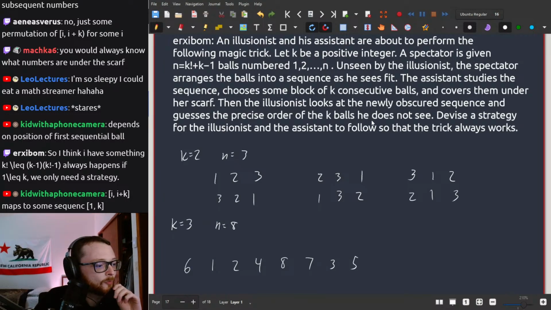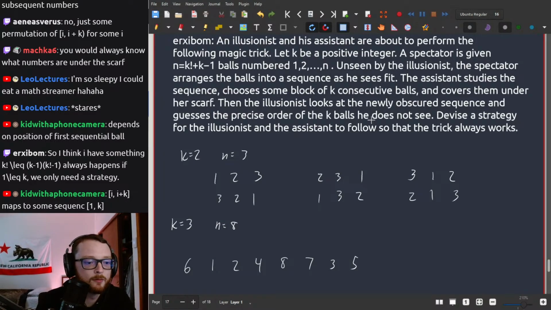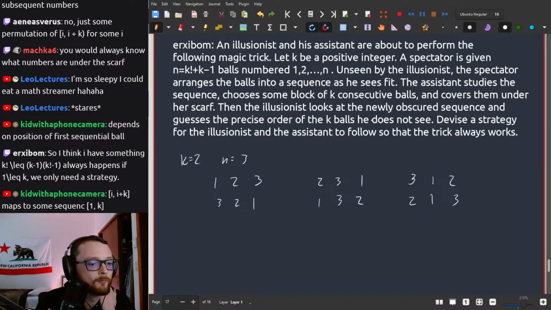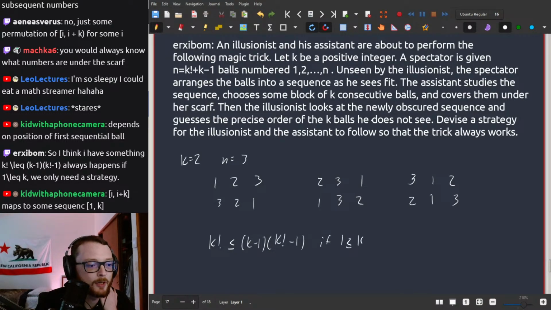I plus k maps to some sequence 1k. Sure. I think I have something, k factorial. K factorial less than or equal to k minus 1, k factorial minus 1, if 1 is less than or equal to k.